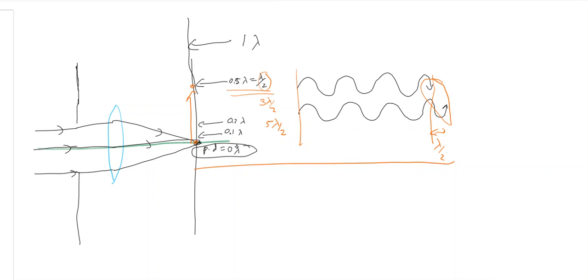So the way at 0 lambda we have a bright fringe, somewhere here we should have a bright fringe. Can we figure out in terms of angle for which theta value we will have constructive or destructive interference? Let us first figure out the condition for the dark pattern or minima to take place.